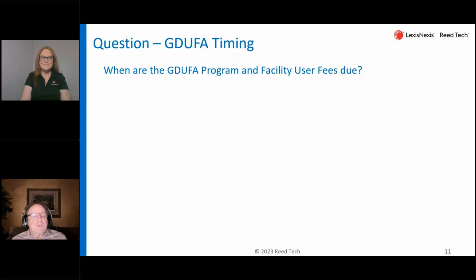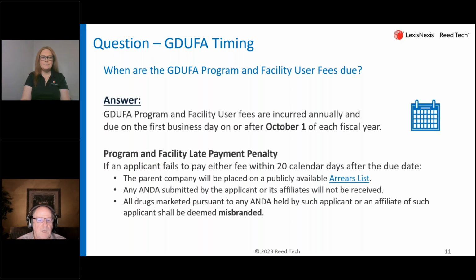Yeah, so there's actually a timing that's synchronized for the program fees that we saw earlier, and also the facility user fees. And that date is in October of every year. So before October 1, those fees need to be submitted to the FDA. Now, many times we get questions about, well, what if I'm late?